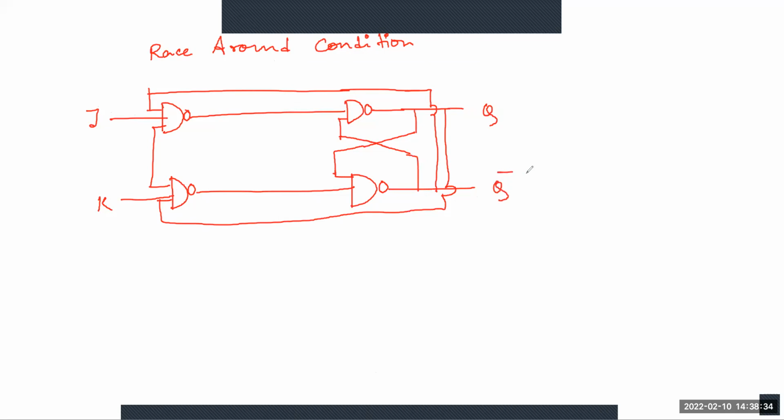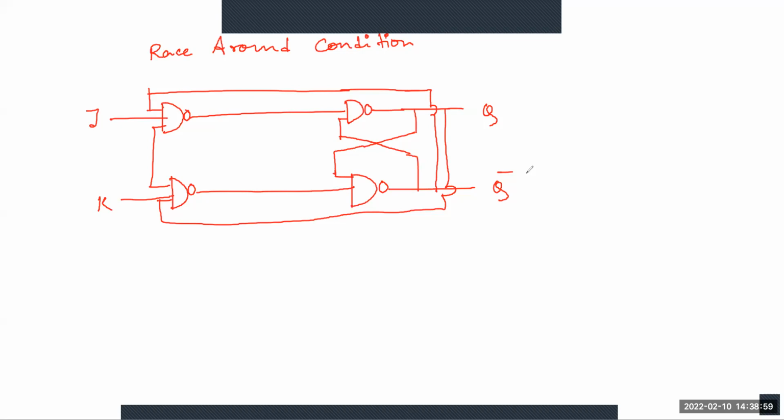Earlier we saw the D flip flop and the SR flip flop, and we found that we are not getting the proper output whenever SR is 1 1. To overcome this, we learned the JK flip flop.